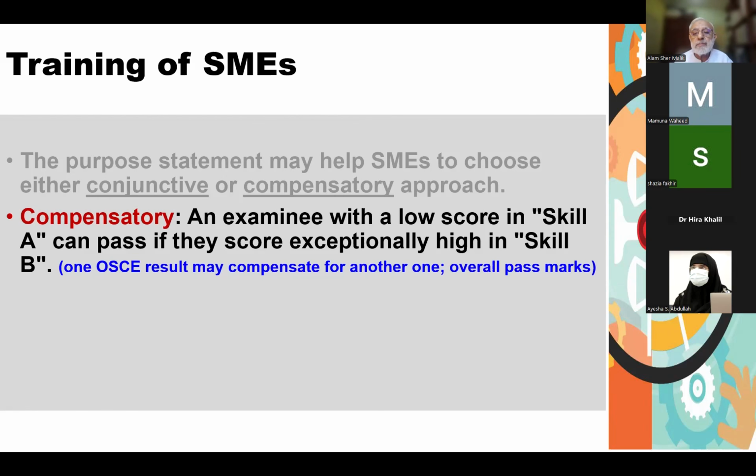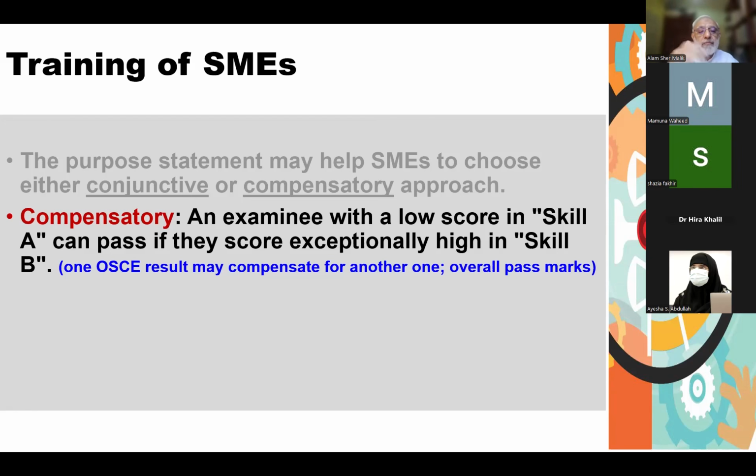This means that at the end of the day, we may add up all the OSCE station scores and take the percent, the average, and if the student has passed, we pass. Because each station has its own minimally competent level.